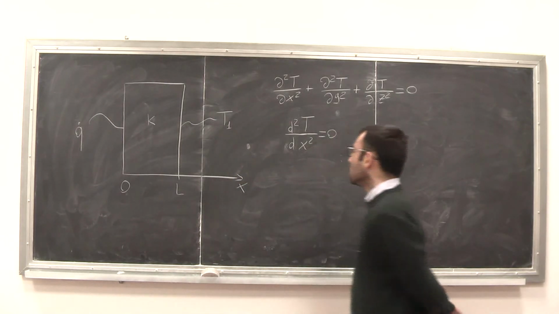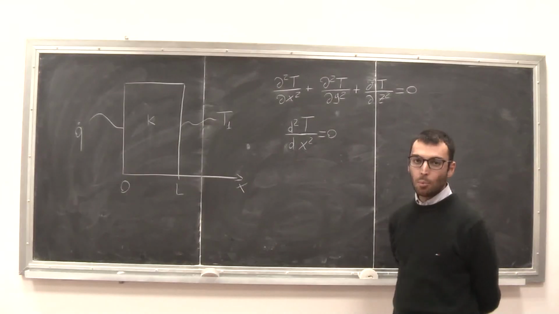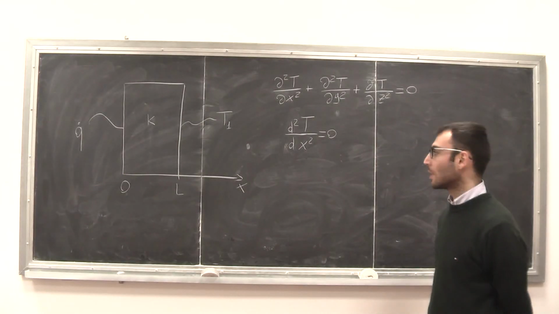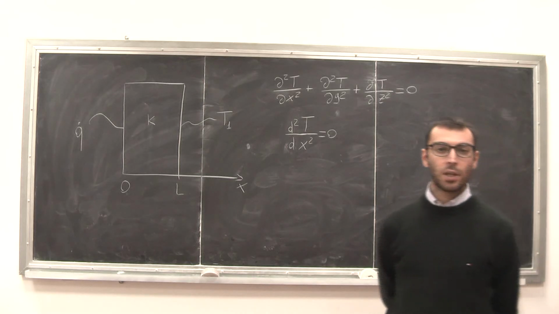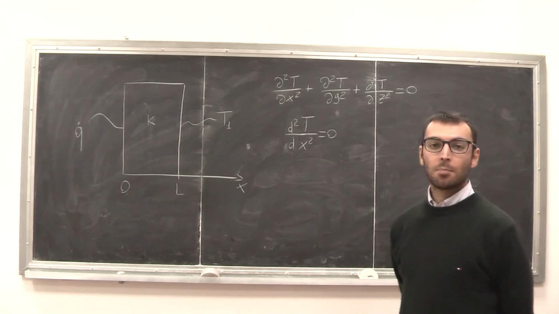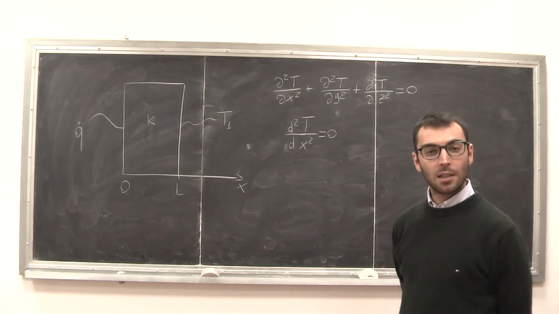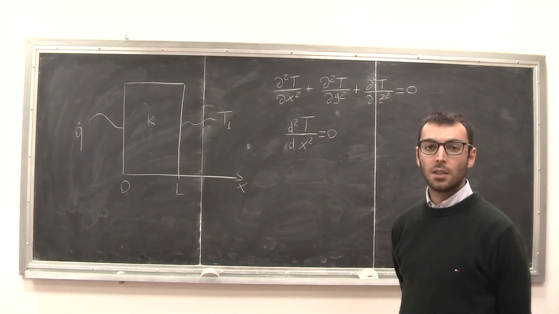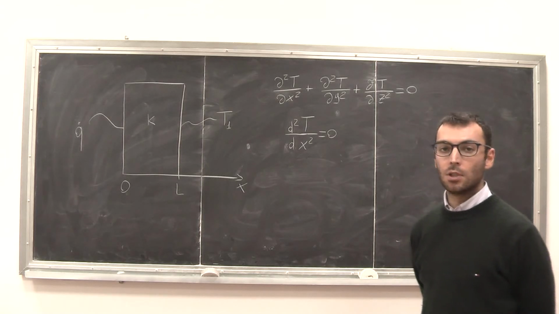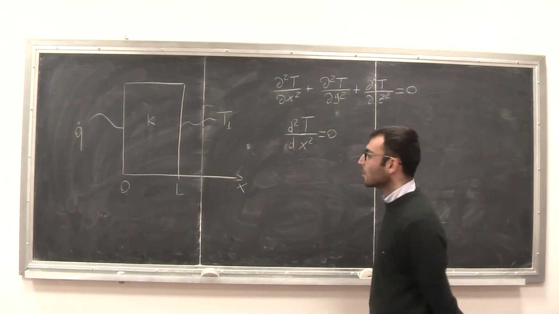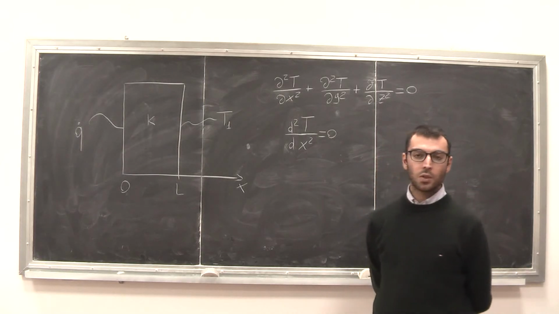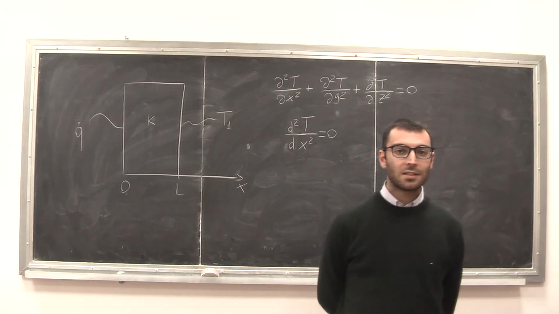Now this problem is not complete for our case, because in order to solve this equation, to find a particular integral of this equation, we need to impose the boundary conditions. In this case, we need two boundary conditions, because the equation is of the second order.